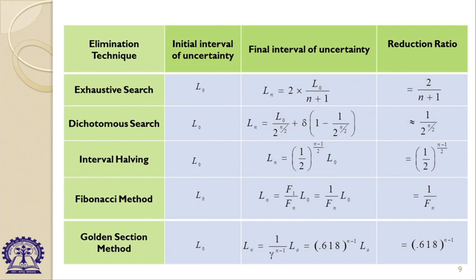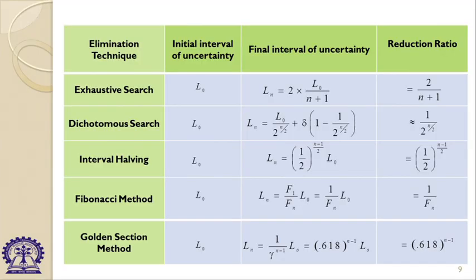That is why the reduction ratio, Ln by L0, where Ln is the length of the nth interval of uncertainty and L0 is the length of the initial interval of uncertainty. Reduction ratio means, after reaching the nth experiment, the ratio of Ln by L0 with respect to the initial. Now, that is 1 by Fn.